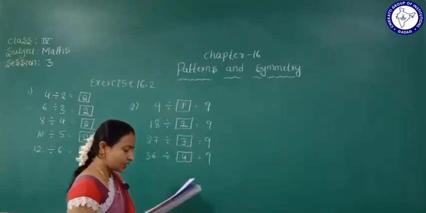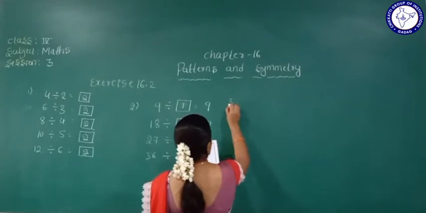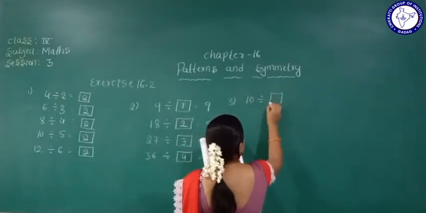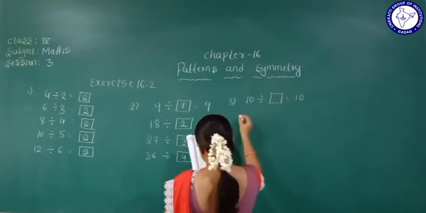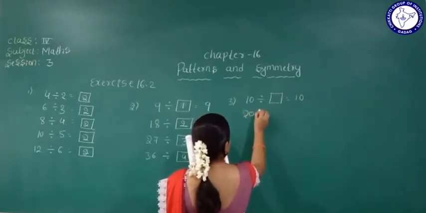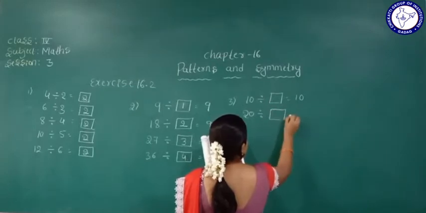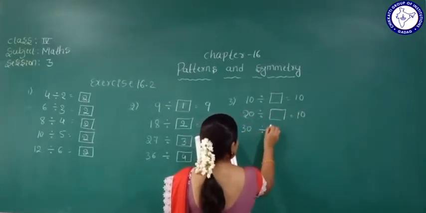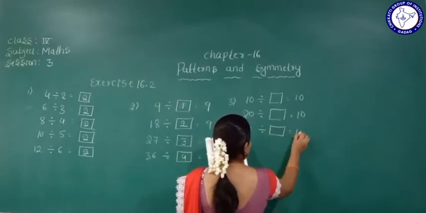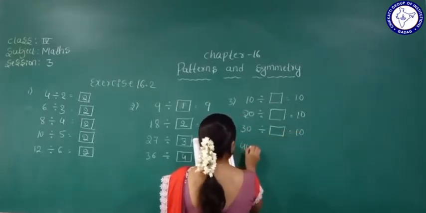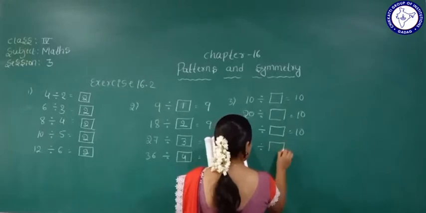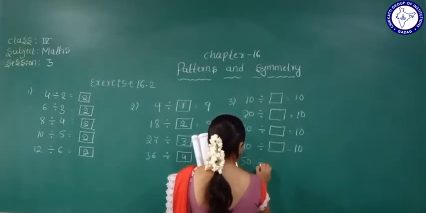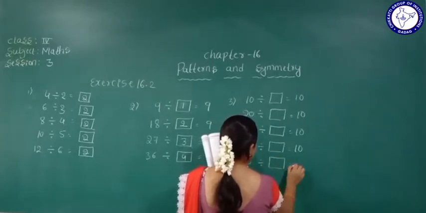The third one given here: 10 divided by blank is equal to 10, 20 divided by blank is equal to 10, 30 divided by blank is equal to 10, 40 divided by blank is equal to 10, 50 divided by blank is equal to 10.